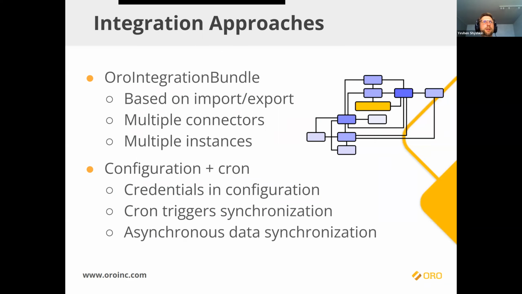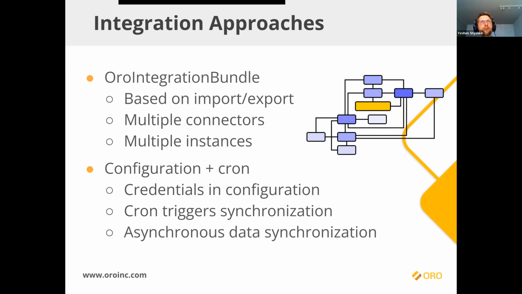The first one is the standard or native OroCommerce integration bundle. So this bundle is responsible for providing you a layer with the data, the configuration, the standard components, the standard commands that basically cover almost all your requirements related to the third-party integration.